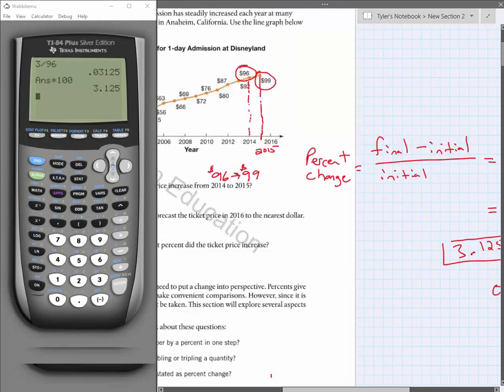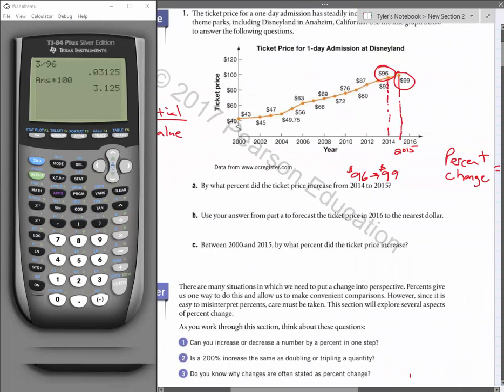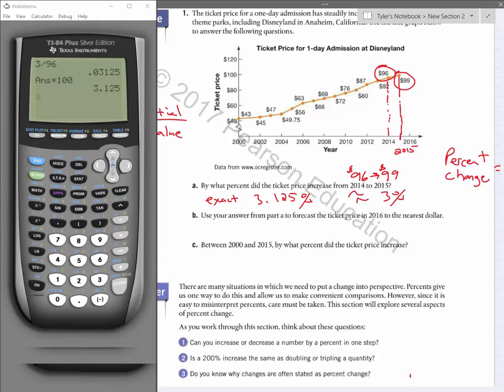So the answer to what percent we increased by is exactly 3.125%, which is roughly 3%. We had roughly a 3% increase here.